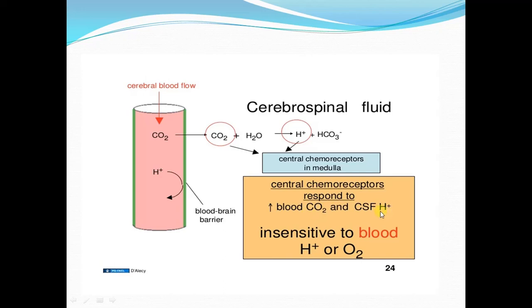And hydrogen ions in the CSF and in the interstitium of the brain are going to stimulate the central chemoreceptors, while central chemoreceptors are insensitive to the hydrogen ions present in the blood, and are also not stimulated by changes in oxygen concentration in the blood.